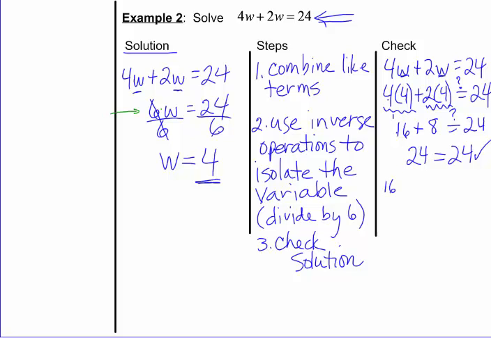If you need to set up a problem like this and do the adding, do it, and don't erase it. Leave it there. I like to see all that work. You're working things out, thinking things through. Since that worked, w is equal to 4. That is the correct answer.